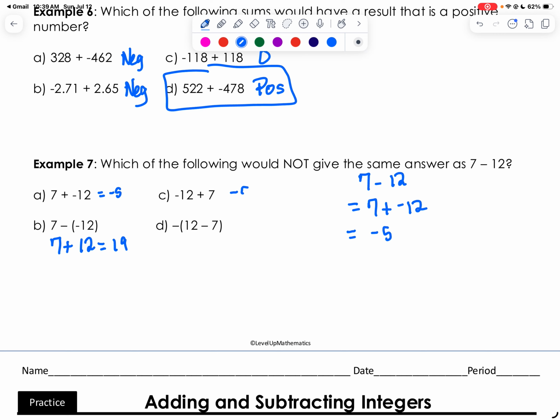Subtract and take the sign of the larger. Here, work the parentheses first. 12 minus 7 is 5. So which of the following would not give the same answer as 7 minus 12? Well, the only answer choice is B, 7 minus negative 12. And that concludes today's lesson, adding and subtracting integers.